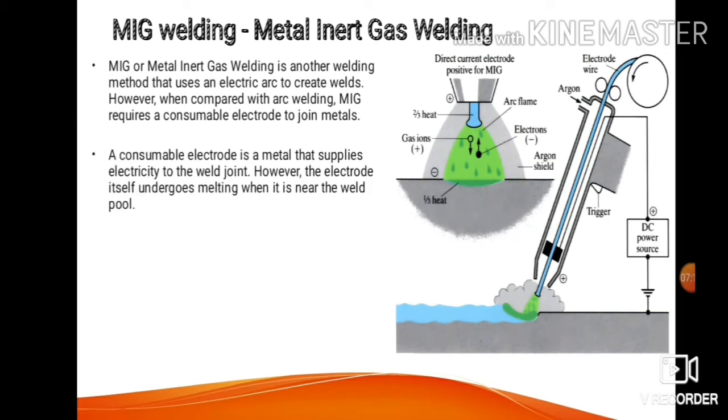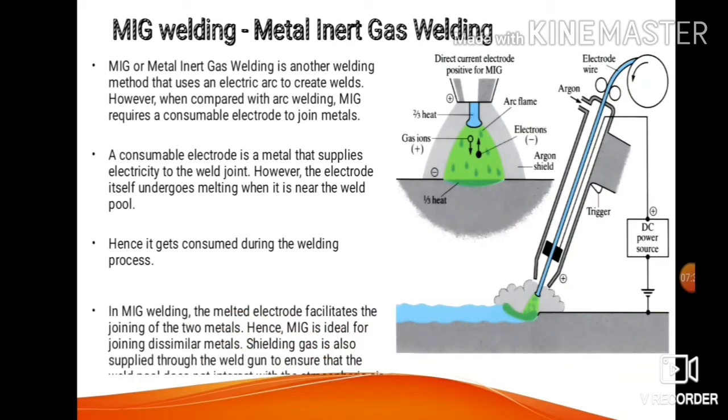A consumable electrode is a metal that supplies electricity to the weld joint. However, the electrode itself undergoes melting when it is near the weld pool. Hence, it gets consumed during the welding process.